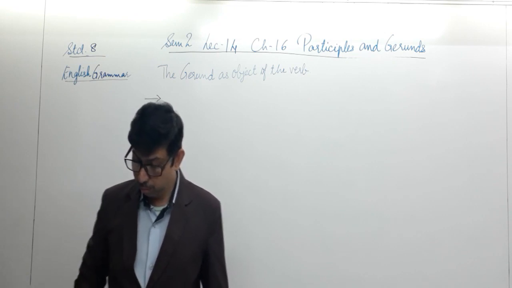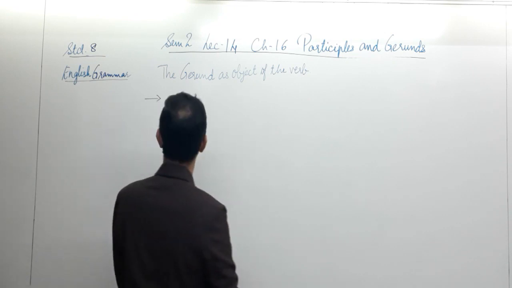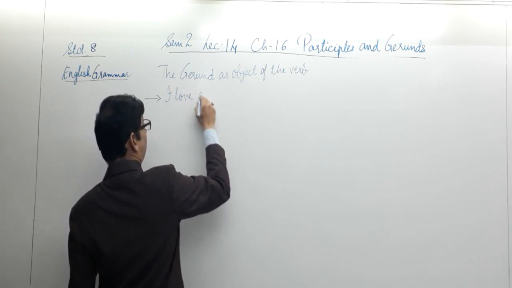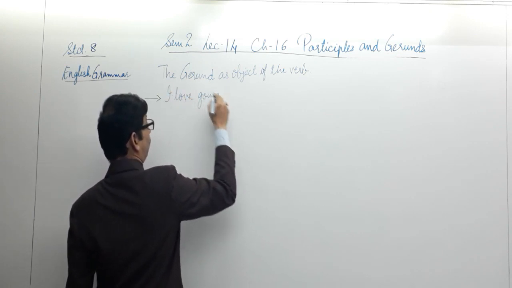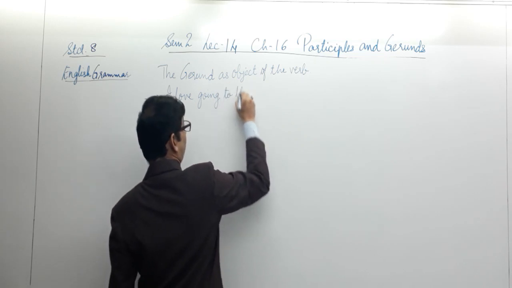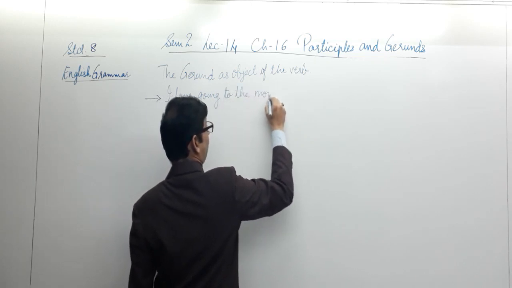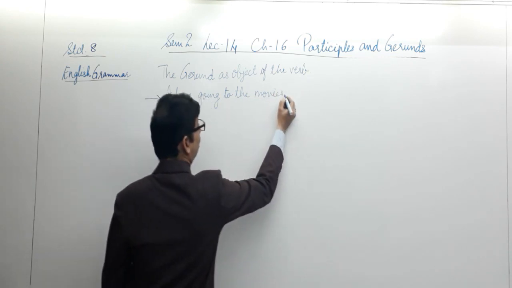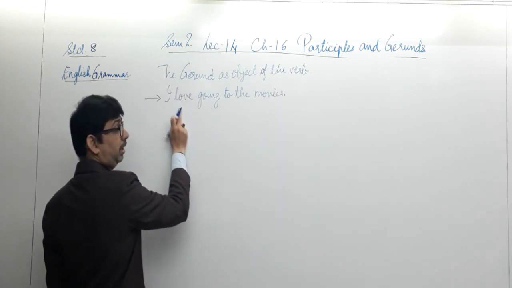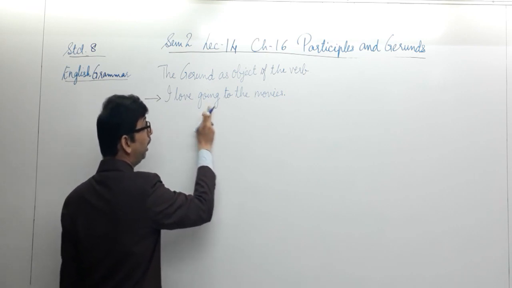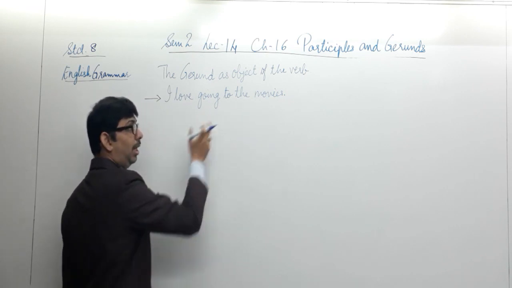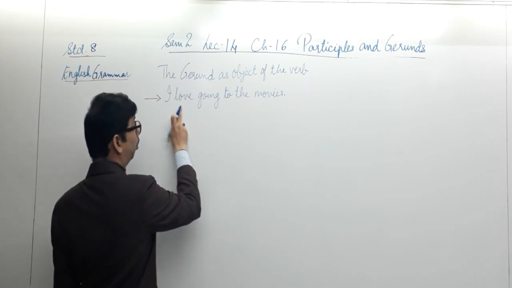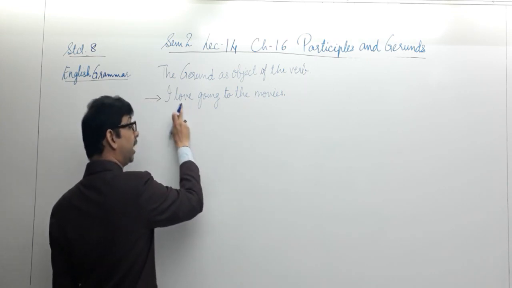I love going to the movies. Well, here using this sentence, we already have the verb given to us, loving, isn't it? I love. What do you love? Going to the movies. Here the word going is acting the role of a gerund in this sentence to support the verb as object of the verb.